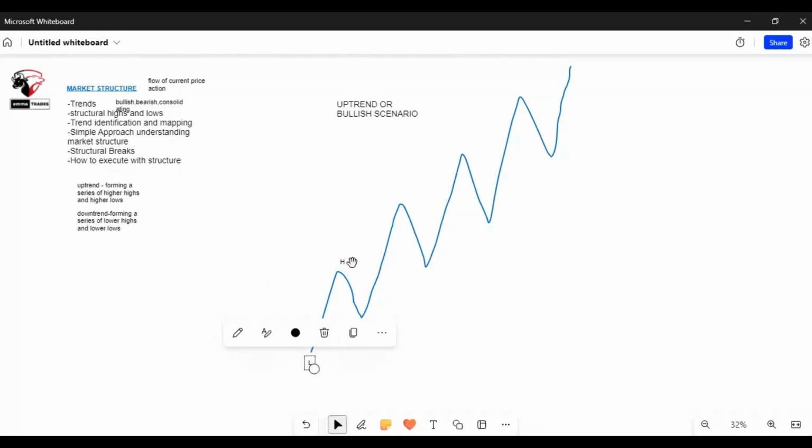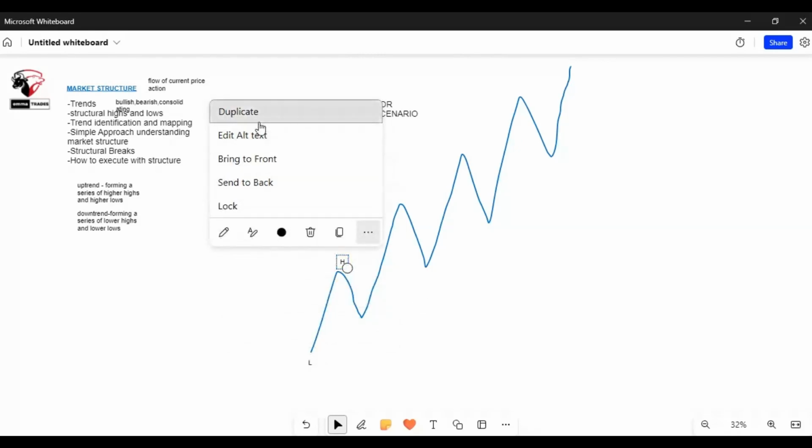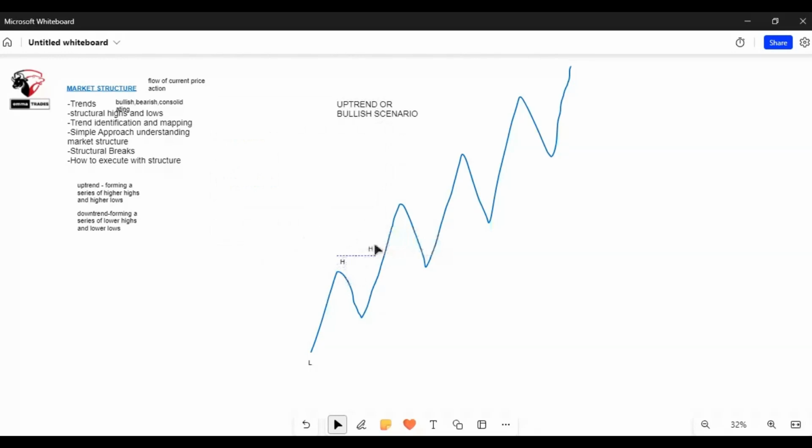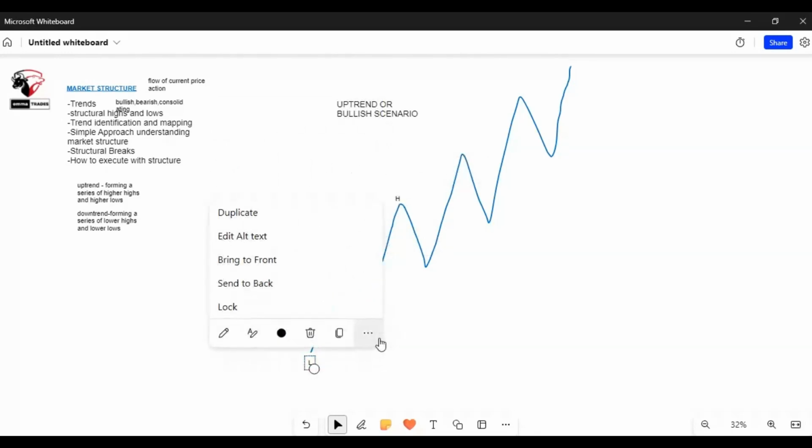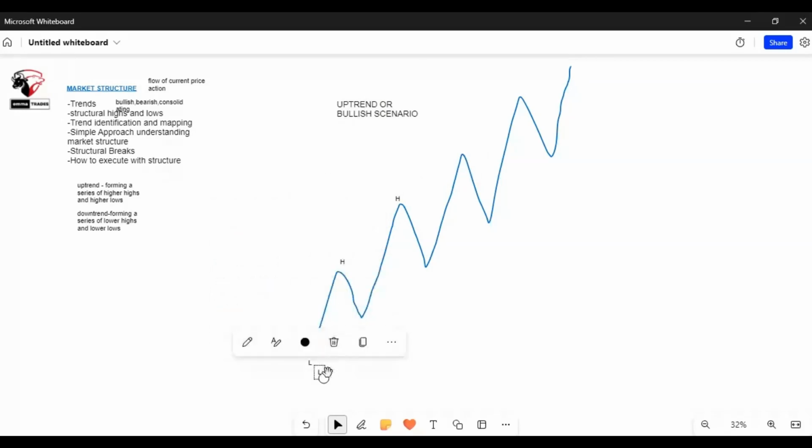So I'm going to just go ahead and denote the multiple copies. Then I have that over there, and I'm going to do this for the L, so that's another low.